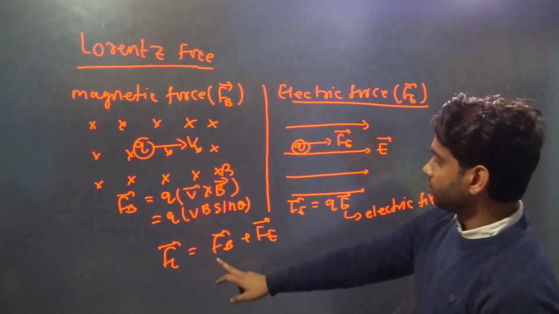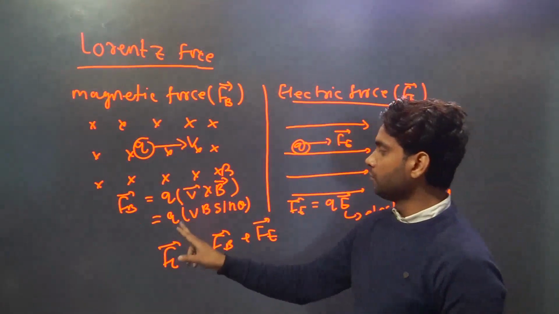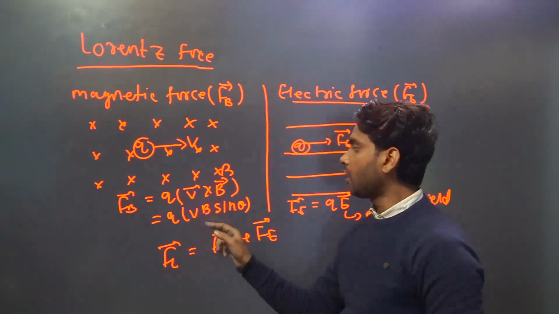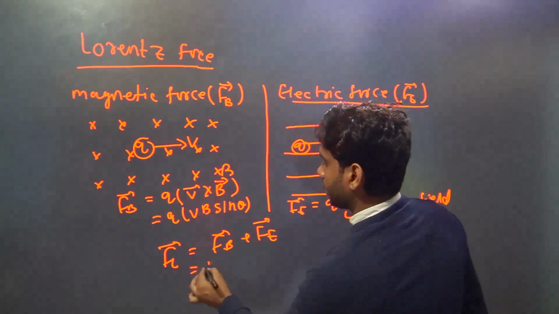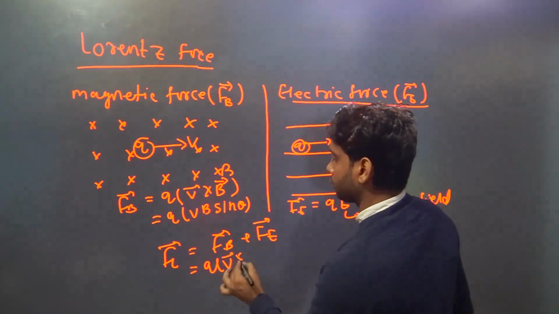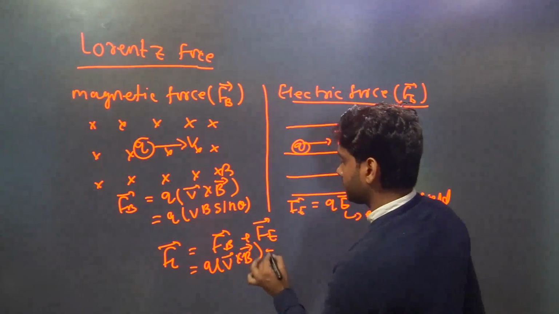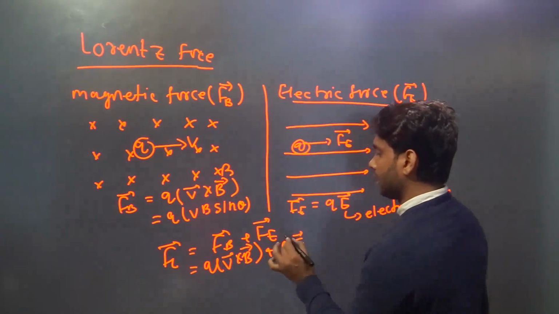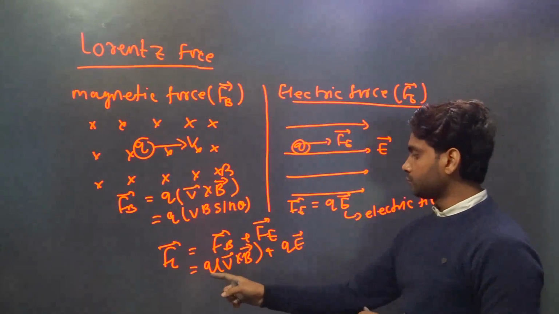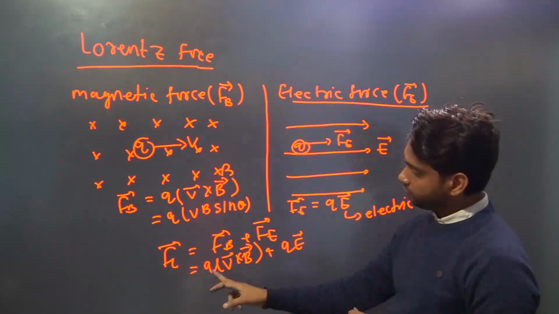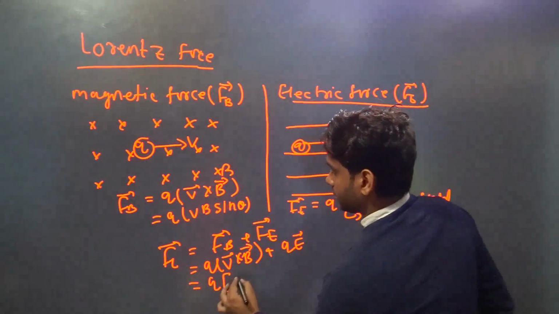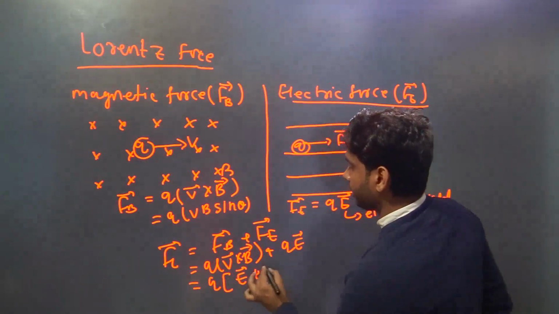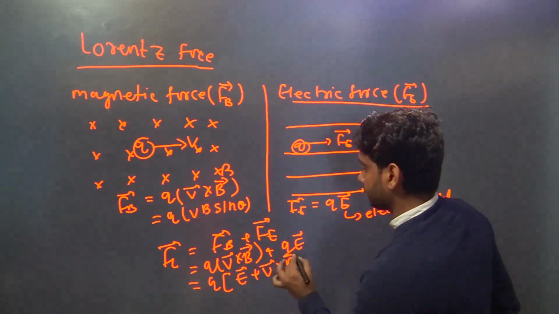From this expression we know that Fb equals Q V B sine theta, or we say Q into V cross B. So Q into V cross B plus Q times E. From this expression we take the common Q. So this is Q times E plus V cross B.